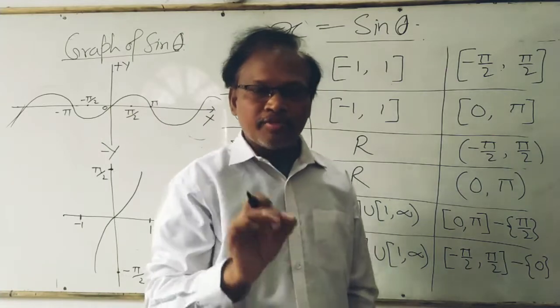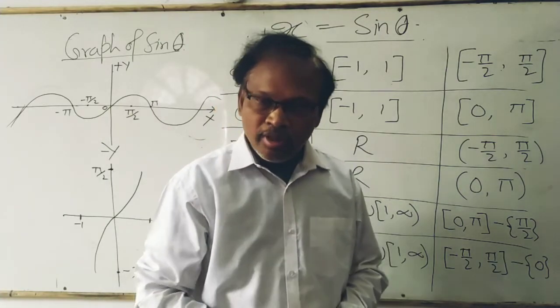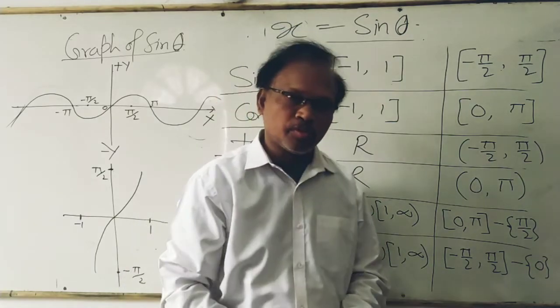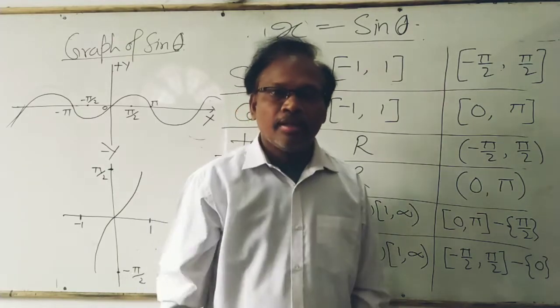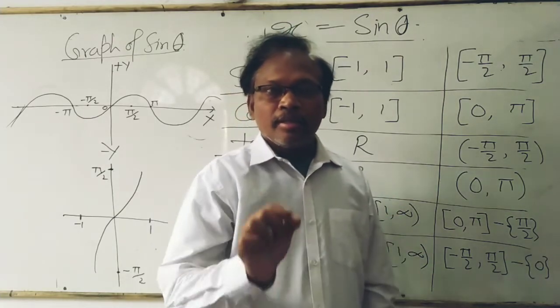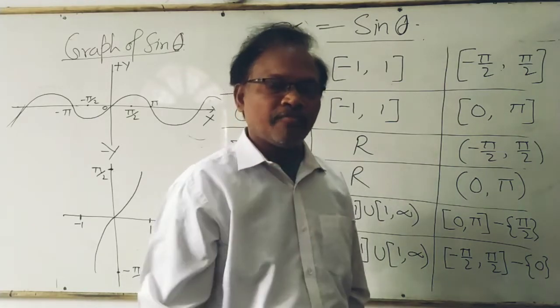What is the meaning of theta and what is the meaning of x? You have read about the function in class 11. In 12th also the first chapter, but in class 11 the function is there. This is a trigonometric function. How is it a trigonometric function?